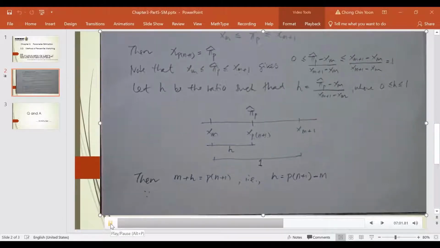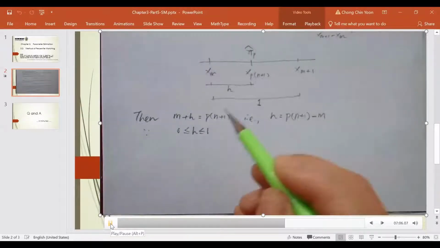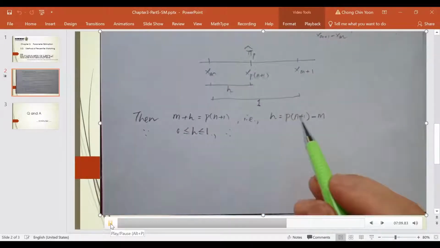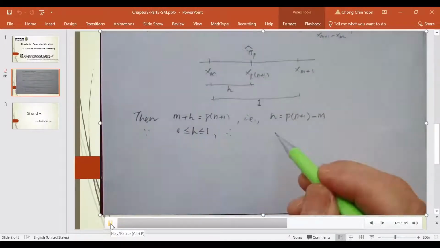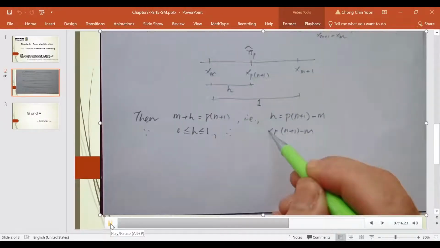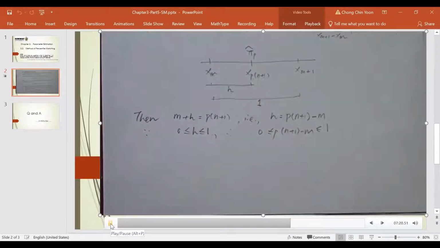Now, since h is bounded from 0 to 1 inclusive, therefore this result is bounded from 0 to 1 inclusive.